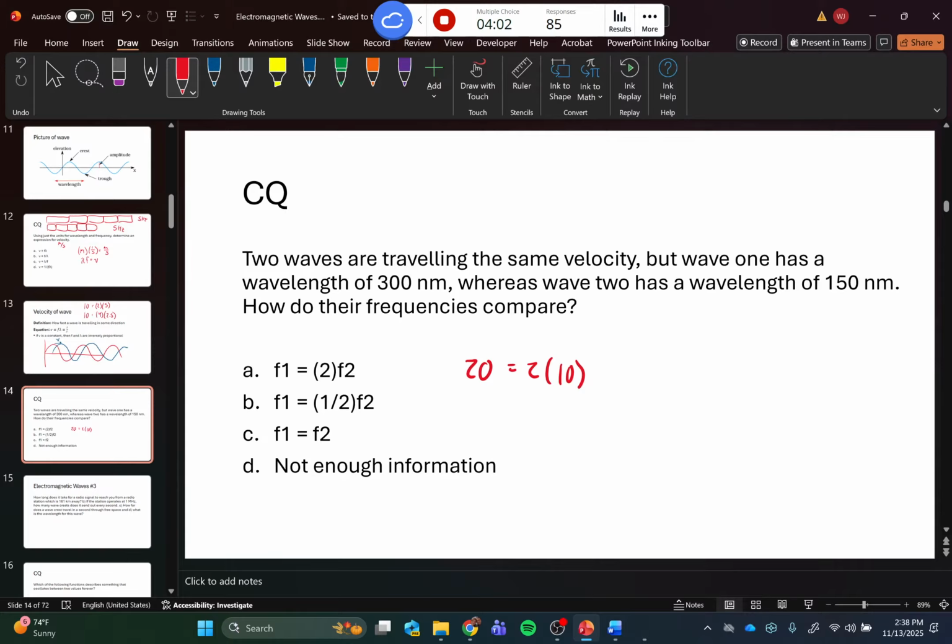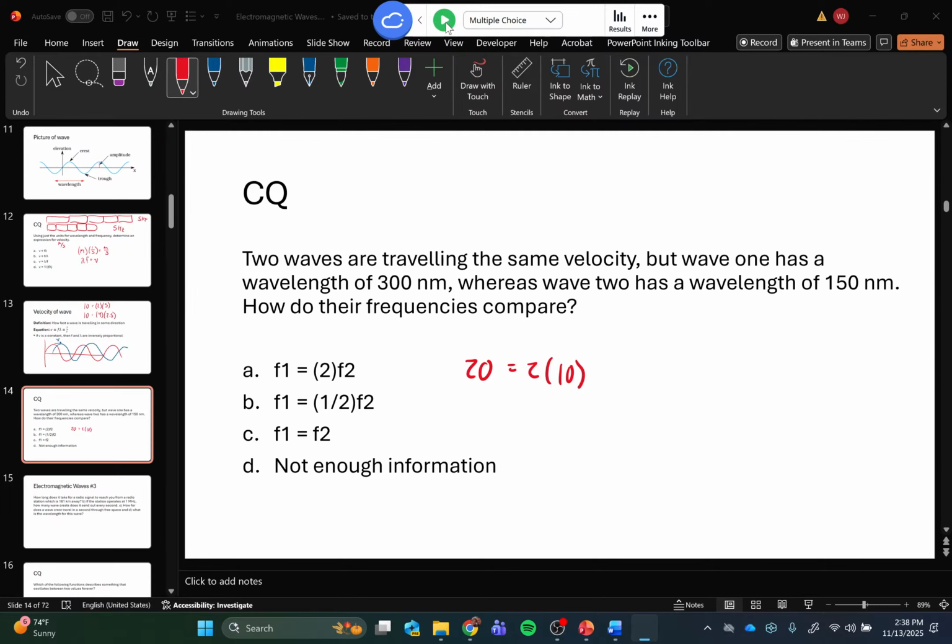All right, in 5, 4, 3, 2, 1. All right, we're going to do this conceptually, and then we're going to do it mathematically. Which of these has a bigger wavelength? 1 or 2? 1. 1 has a bigger wavelength. What did we just say in the last slide? If the velocities are the same, as one goes up, the other must go down.